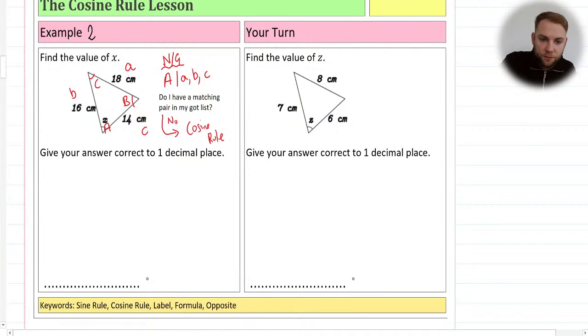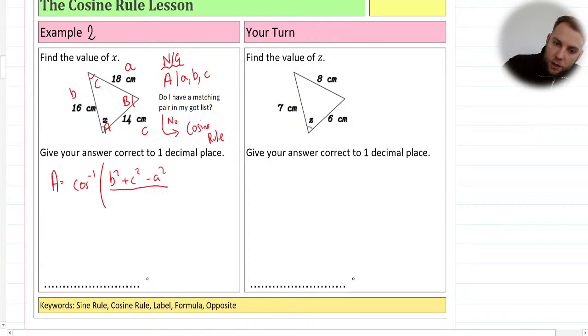So the cosine rule is A is equal to cos to the minus 1 of b squared plus c squared minus a squared all over 2bc, like so. So let's sub all that in. Let's show the examiner I know what I'm doing.